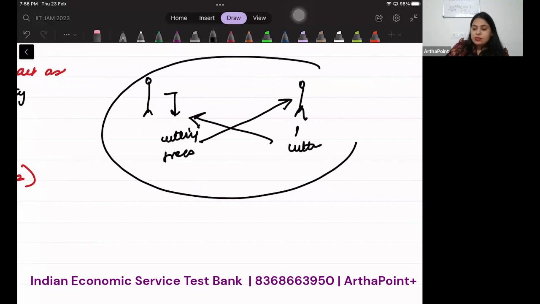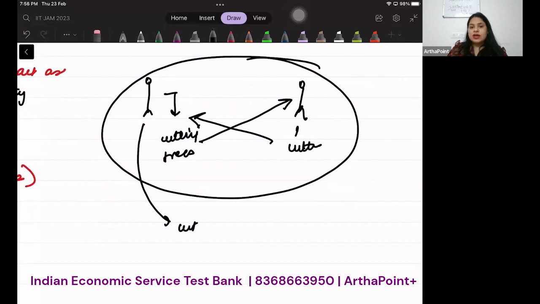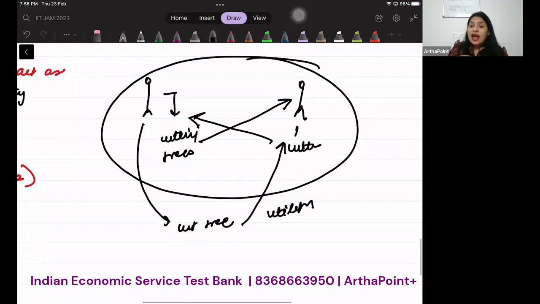But when I bring them together as one entity, then whenever this individual cuts a tree, he will consider the utility of the other individual, because they are acting together as one entity. So we have internalized the externality. The negative effect of one individual on the other has been successfully internalized. So this is known as internalization of the externality.